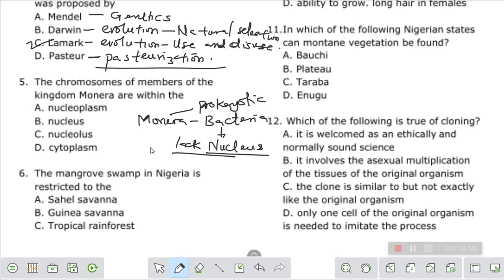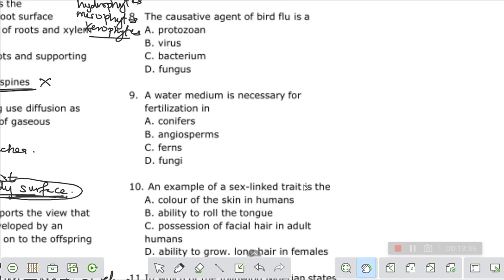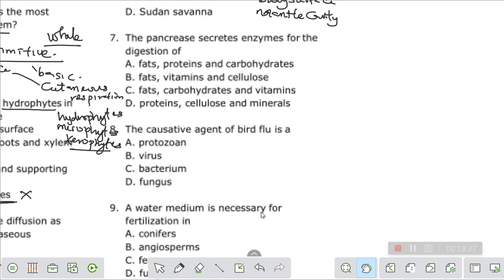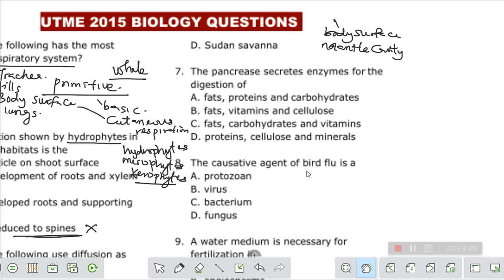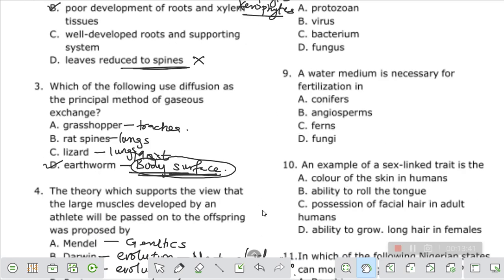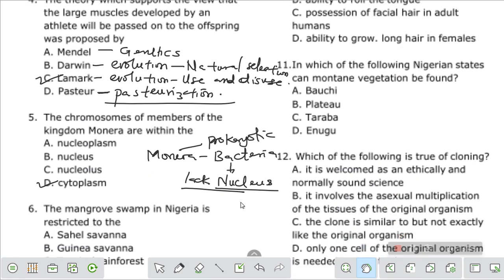The question here says that the mangrove swamp in Nigeria is restricted to, is it Sahel savanna, is it Guinea savanna, is it tropical rainforest? Option D is Sudan savanna. So what do you think would be the answer here? The mangrove swamp in Nigeria is restricted to where?